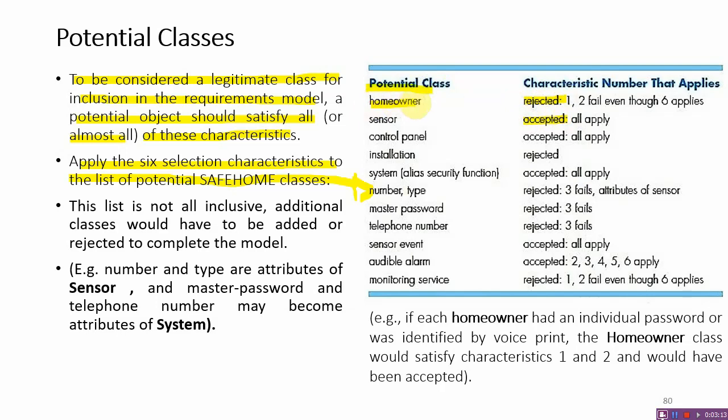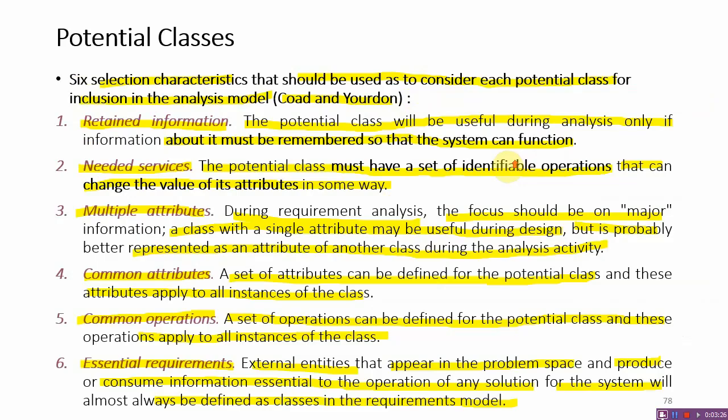Consider the homeowner as a potential class. It cannot be included in the requirements model, because characteristics 1 and 2 fail, though characteristic 6, essential requirements, applies. It is an external entity and an essential requirement, but it fails characteristic 1, retained information, and characteristic 2, needed service.